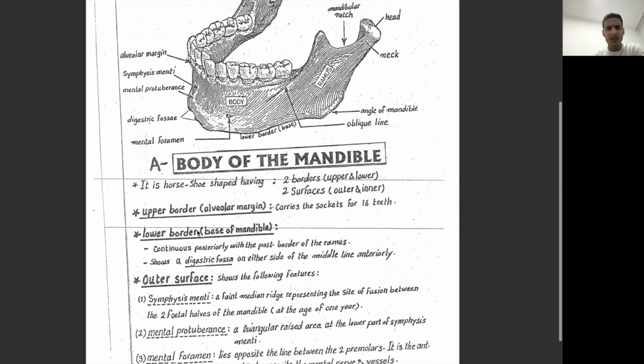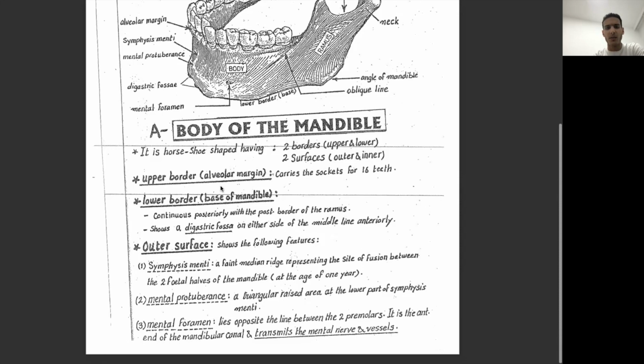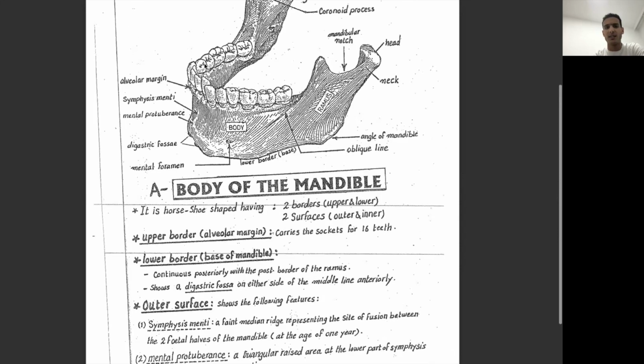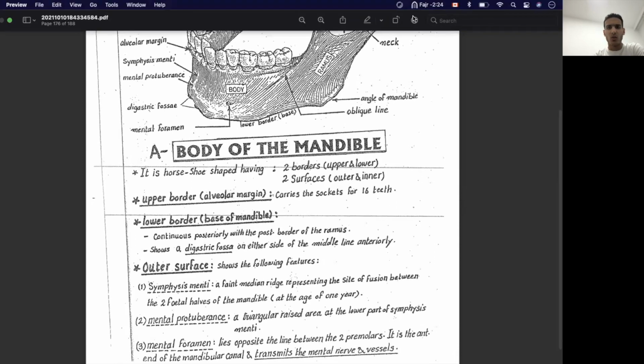So here it is horseshoe-shaped, having two borders and two surfaces. The upper border, the alveolar margin, carries sockets for 16 teeth. That's the alveolar margin, the upper border. Then the lower border.